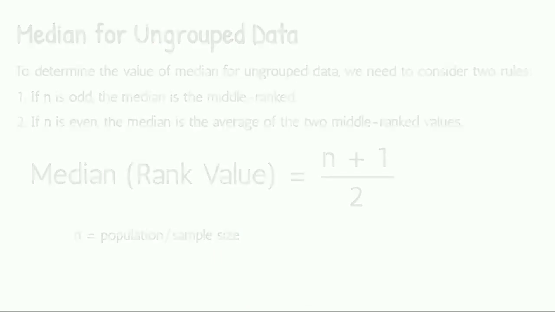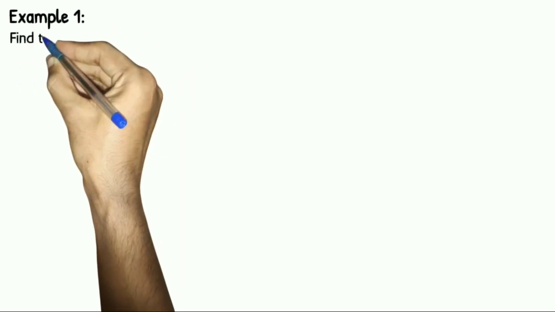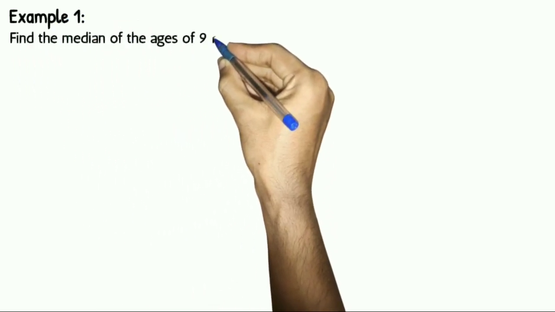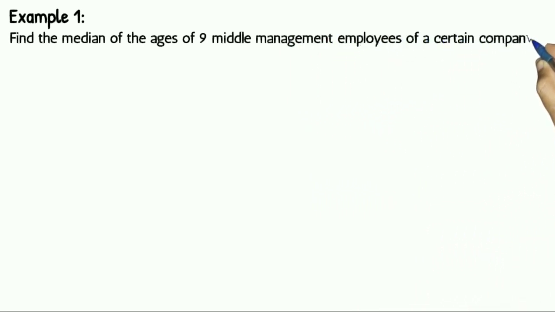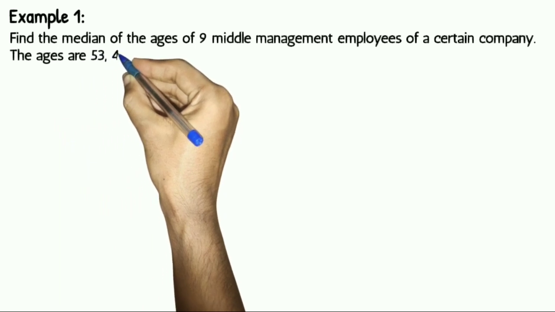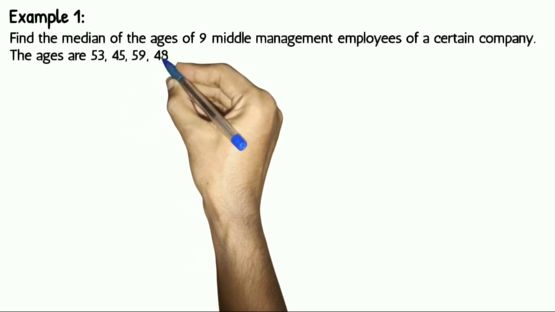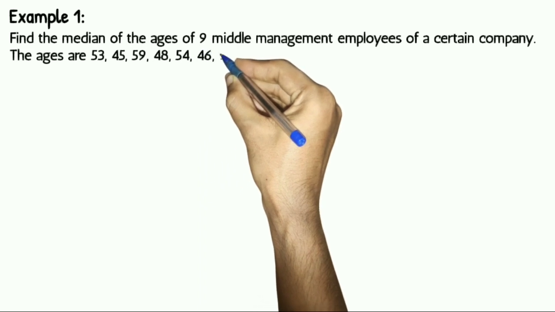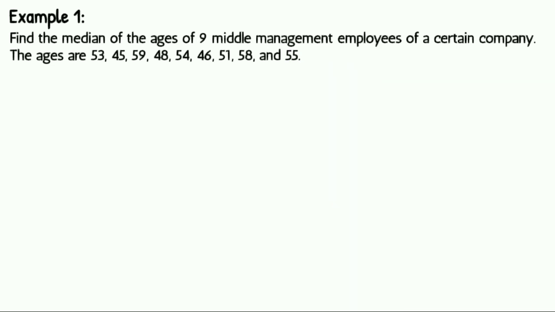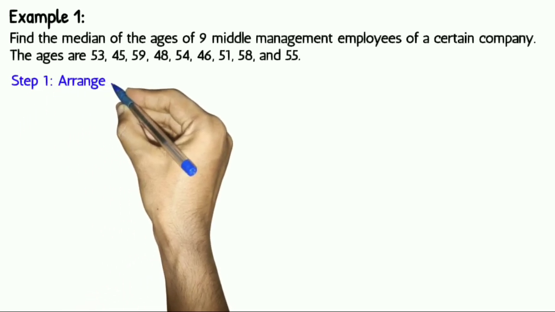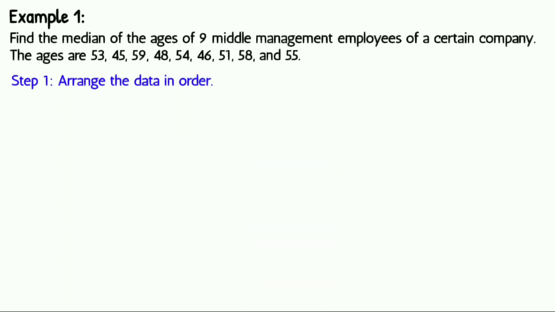Let us now have example number 1. Find the median of the ages of 9 middle management employees of a certain company. The ages are 53, 45, 59, 48, 54, 46, 51, 58, and 55. In order to know the median, we will have 3 steps to take. First step is arrange the data in order. I-arrange muna natin yung dataset natin in order.